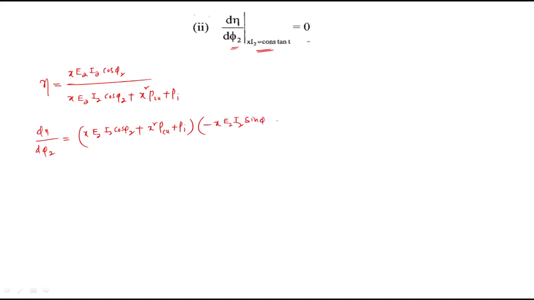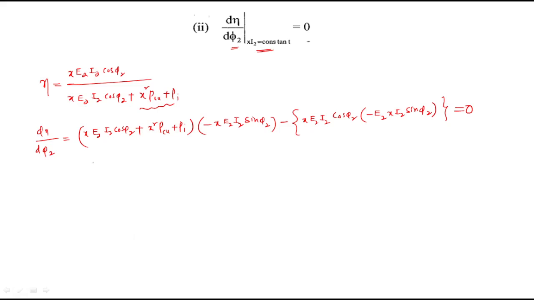That's why minus sin phi2, and again you have to write x E2 I2 cos phi2, which is minus x E2 I2 sin phi2. What about this? These are constant, therefore 0, which equals 0.